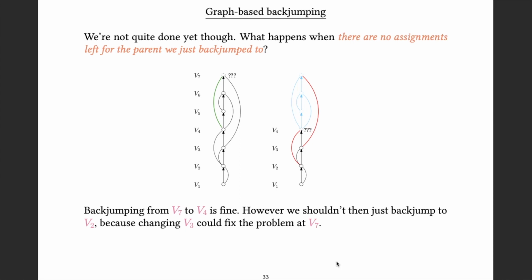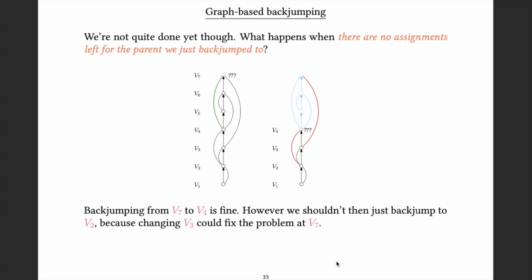This isn't going to work. In the illustration here, on the left, I have a sequence of assignments. I've come to the 7th one and realised that I can get no further. So I back jump to its parent, which in this case is the 4th variable in the sequence of assignments. And that's fine. That's exactly the process that we've just looked at.